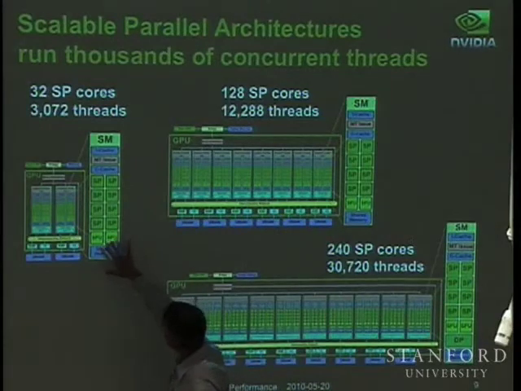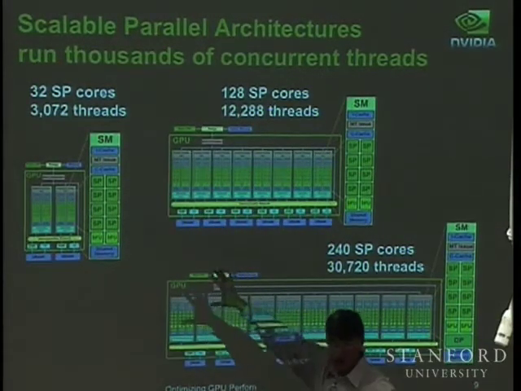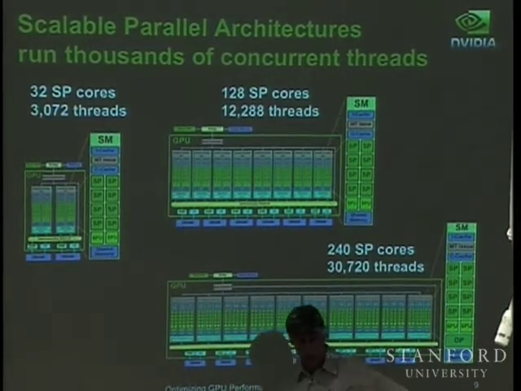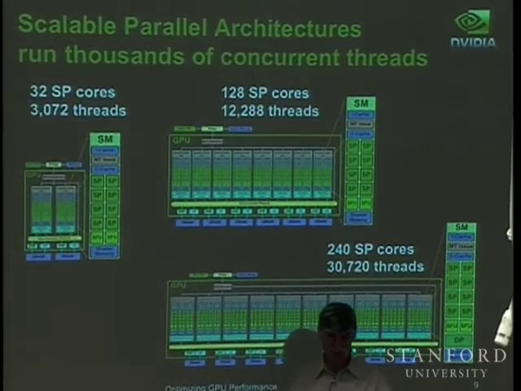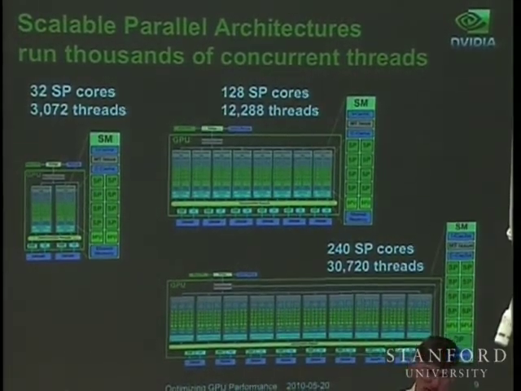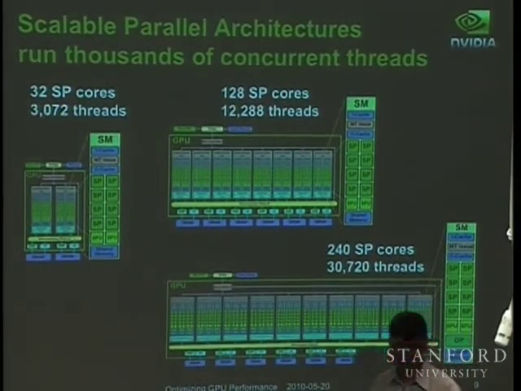It has 4 SMs. It doesn't take too many threads to keep that one busy, but you need 3,000 threads to fill it up. You'd say, oh, that's a whole lot more than a CPU has threads, right? So you have to really think completely differently about how to use a factor of 3,000 parallelism.